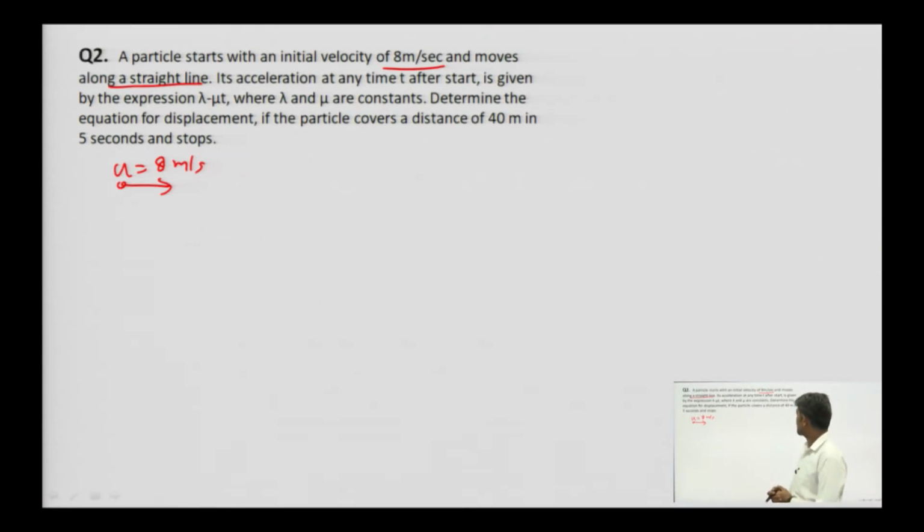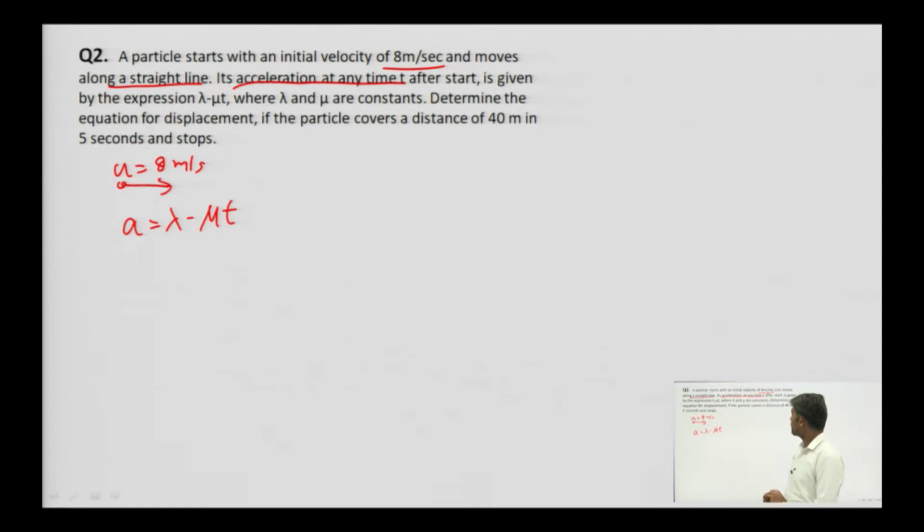Its acceleration at any time t after start is given by the expression lambda minus mu t, so A is varying with time.